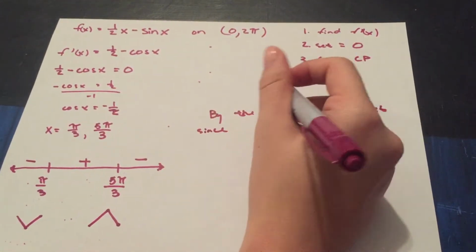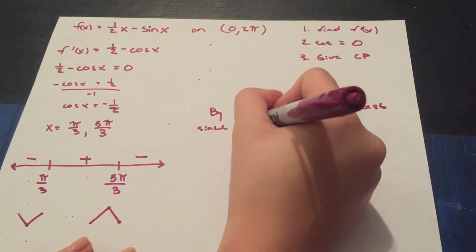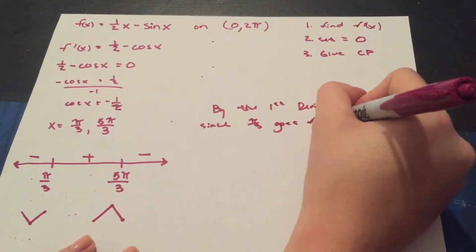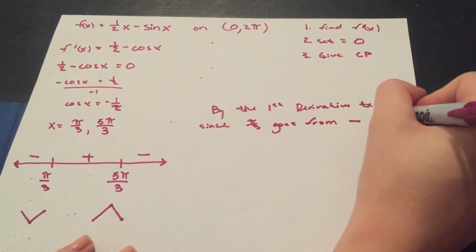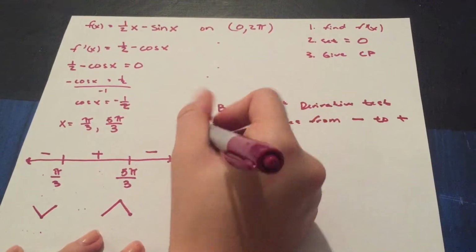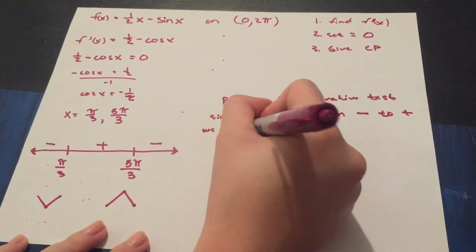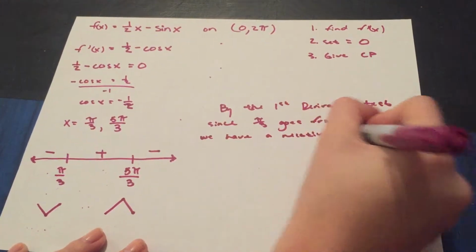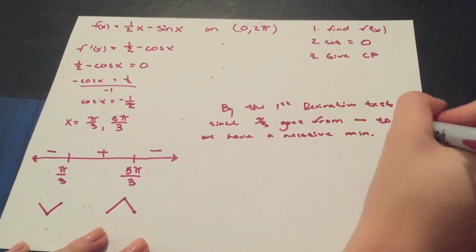since at pi over 3 it goes from negative to positive, we have a relative minimum.